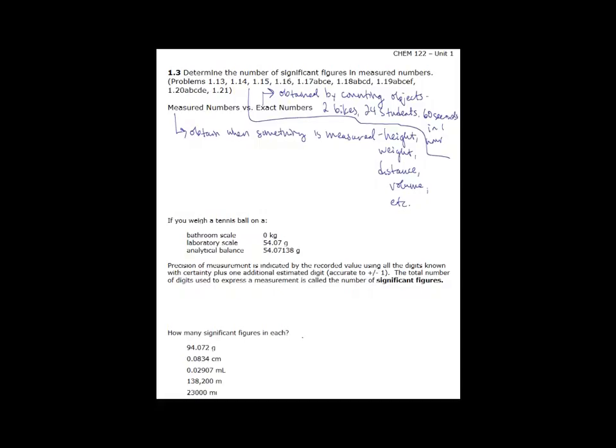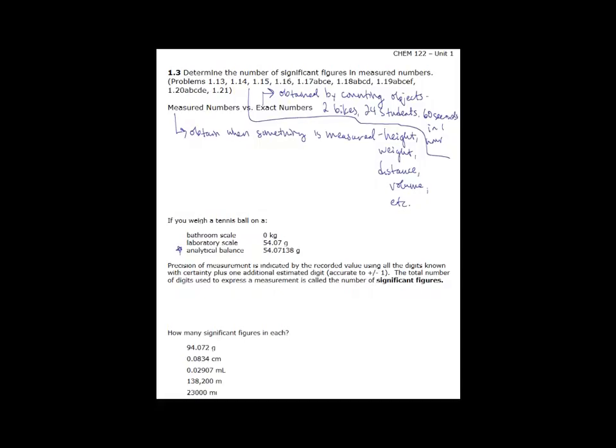If you weigh it on a laboratory scale, it comes up as 54.07 grams. If you measure it on an analytical balance, it's 54.07138 grams. Now, which scale would you prefer to use? Which tells you the most information? It turns out the analytical balance tells you the most information.